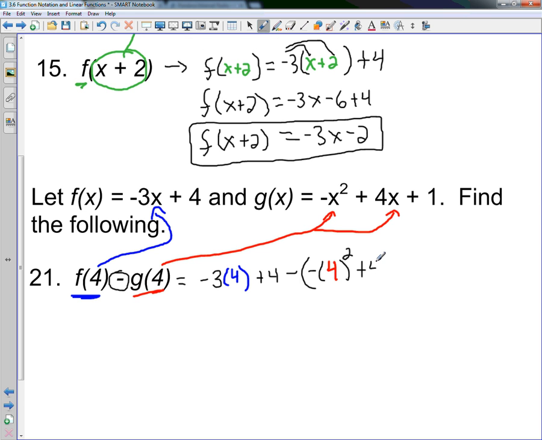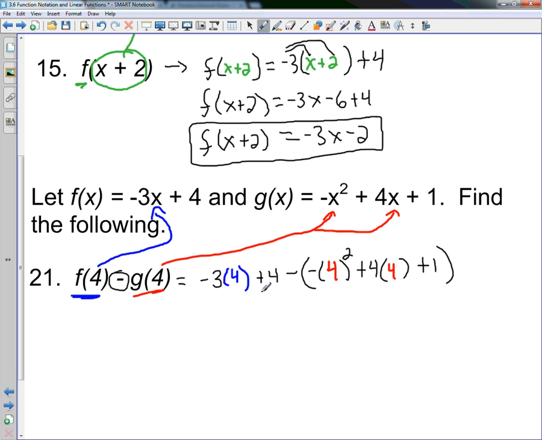Plus 4 times x, and again x is 4, so let's plug in a 4 there. And then we have a plus 1. And we're going to close the parentheses. So we have a subtraction here, so we need to distribute that through. I would probably go ahead and simplify all of this down first, and then worry about that.